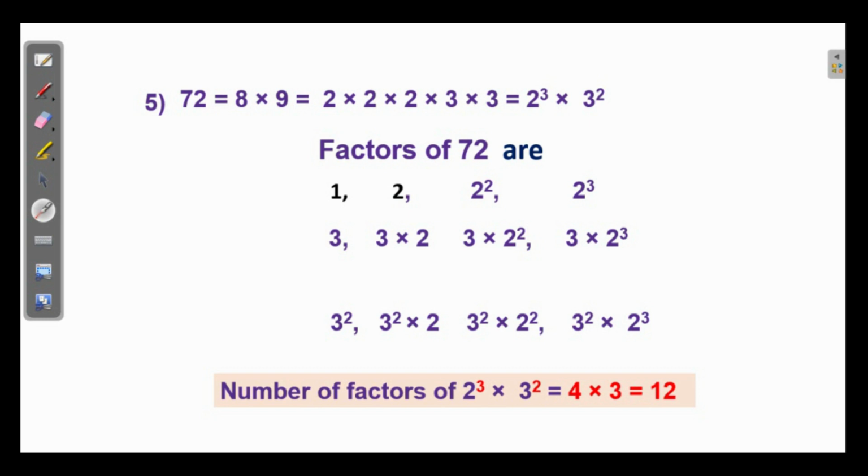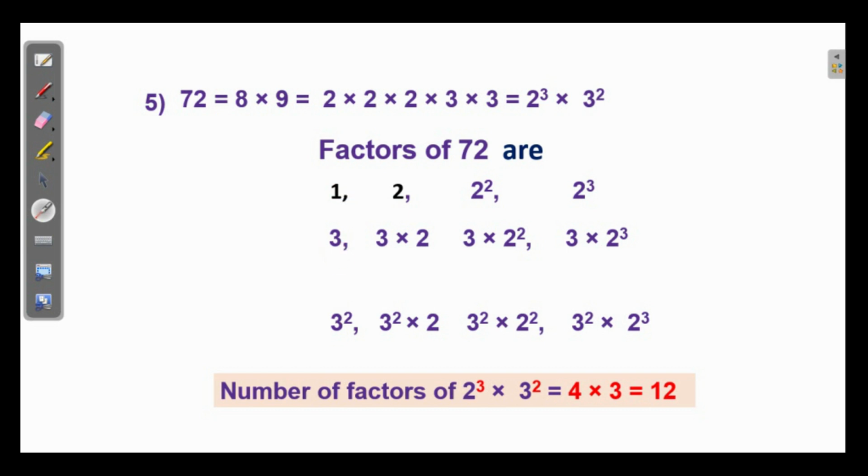At first written the factor 1. 1 is a factor of any number, so 1 is written first. Then 2 cubed is here. So 2 is a factor, 2 square and 2 cube are factors. And here 3 square. So 1 is already written, so we have to write 1, 3, 3 square.